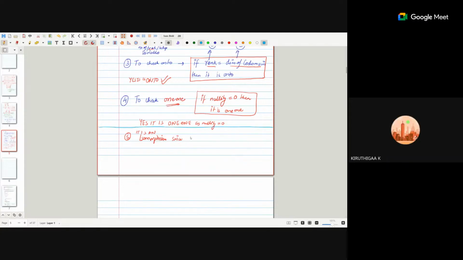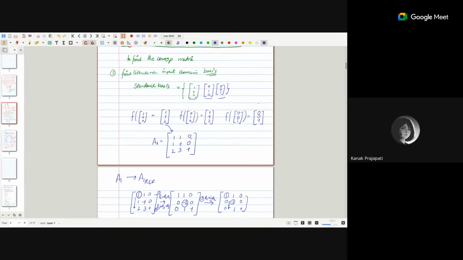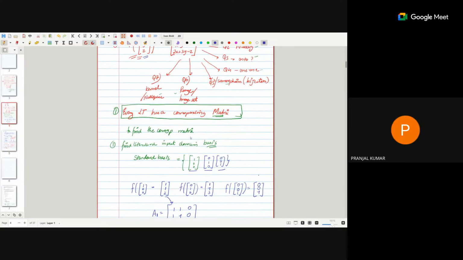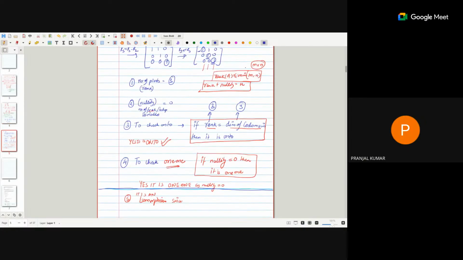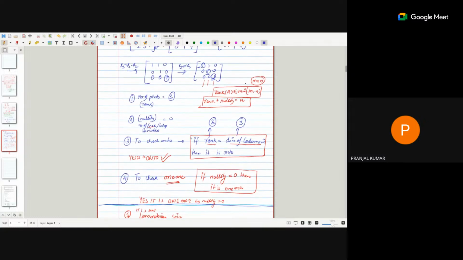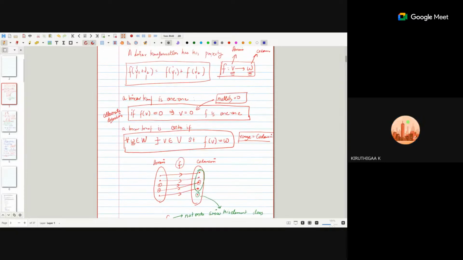Can you show the previous page, the starting definition? Yes, one second.